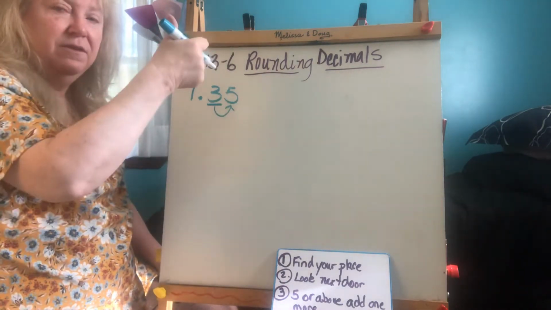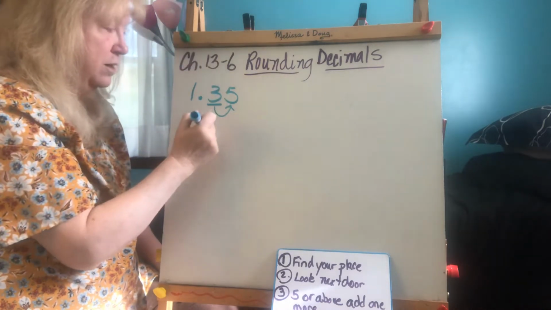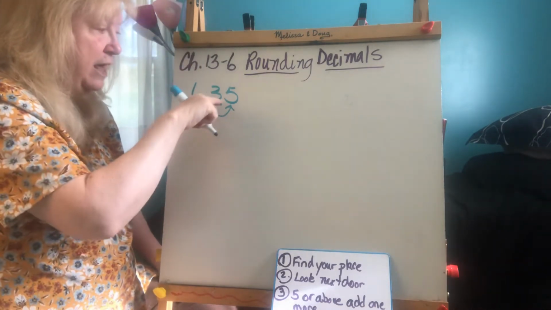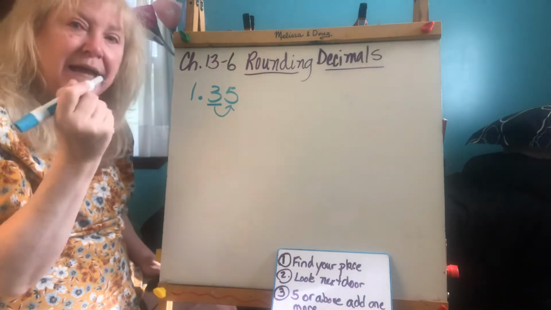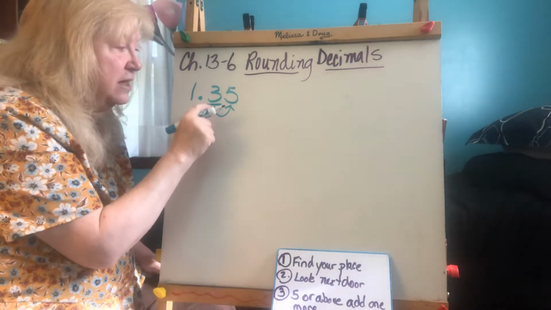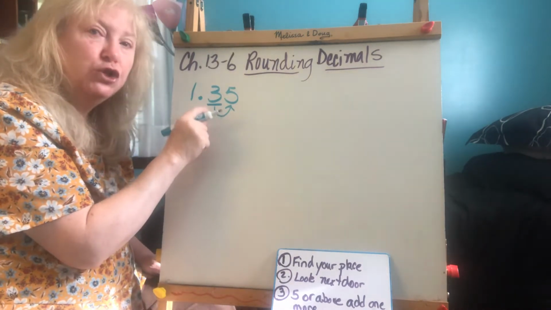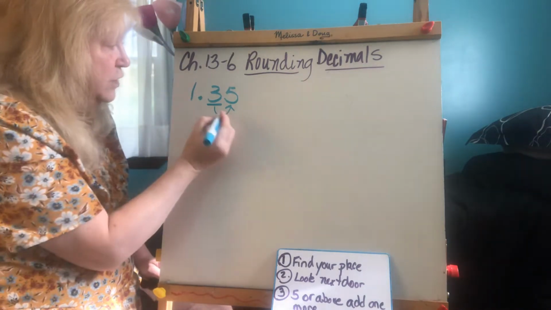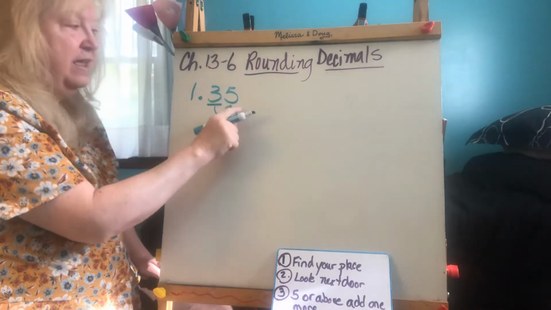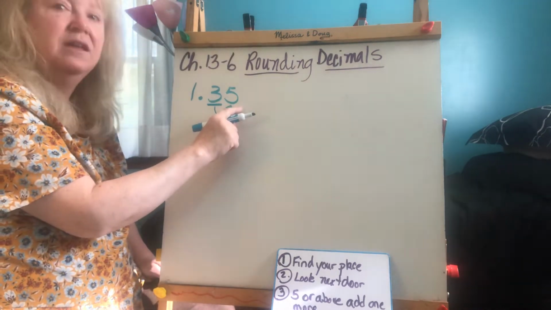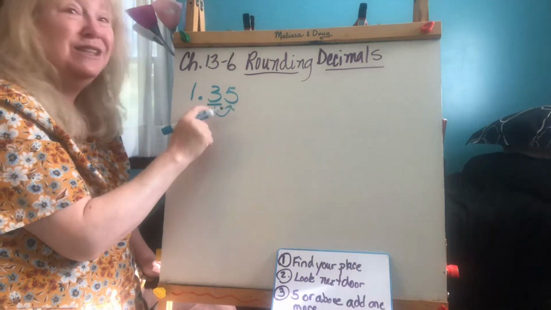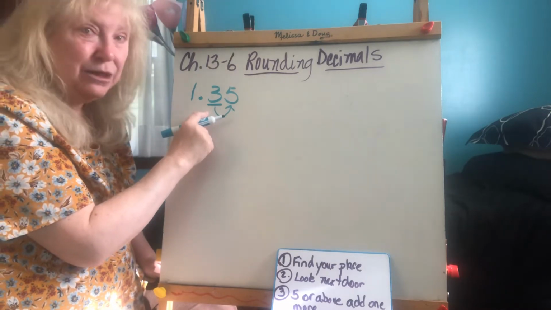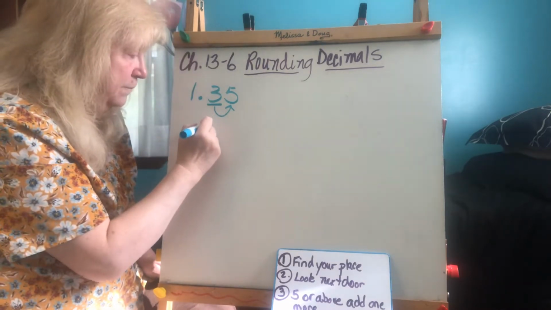5 and above, add 1 more. So now what they mean by add 1 more is they mean add 1 more to the underlined digit. Okay? So is this 5 and above? Yes, it is. So that means the 3 does not stay a 3. It gets 1 more.